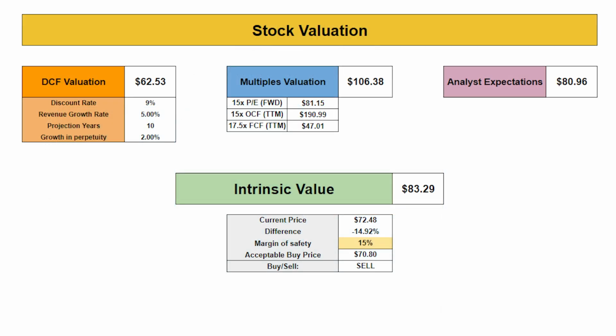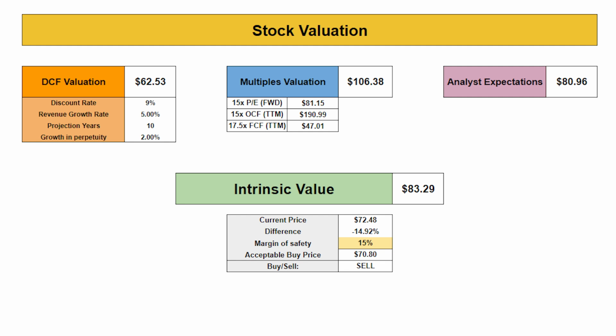The first method is conducting a discounted cash flow analysis by using a discount rate of 9%, a revenue growth rate of 5% for 10 years, and a perpetuity growth rate of 2%. We get a fair value of $62.53. Secondly, using multiples valuations of 15 forward price to earnings, 15 trailing 12 months operating cash flow, and 17.5 times free cash flow, we get a fair value of $106.3.